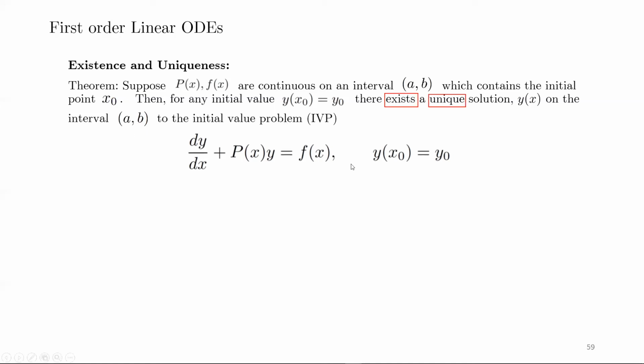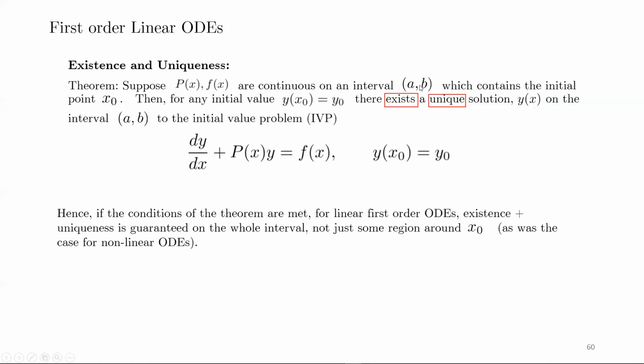This is saying we basically have a solution wherever p of x and f of x are continuous on some interval, and it could be an infinite interval, in fact. So if the conditions of this theorem are met for first order linear ODEs, existence and uniqueness is guaranteed on the whole interval, not just some small region.